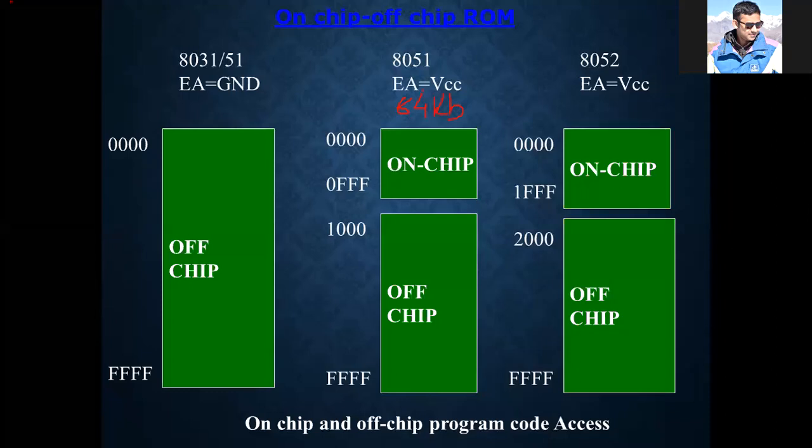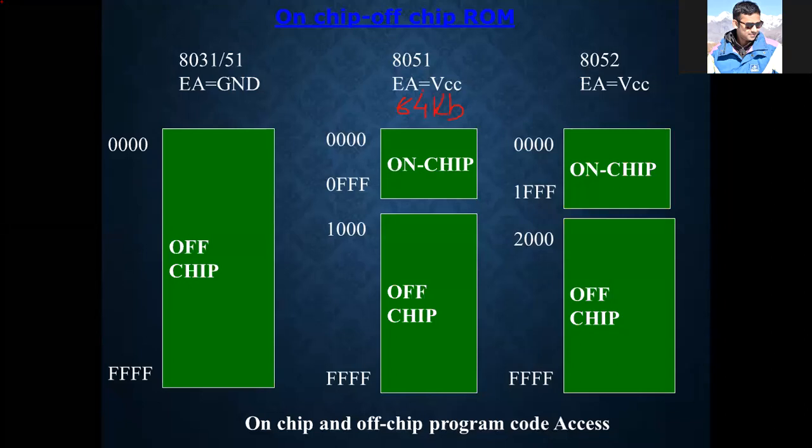Okay, so at maximum, how much ROM can be connected with this particular 8051 microcontroller? It is 64 minus 4, that is equal to 60 kilobytes of ROM that is off chip.